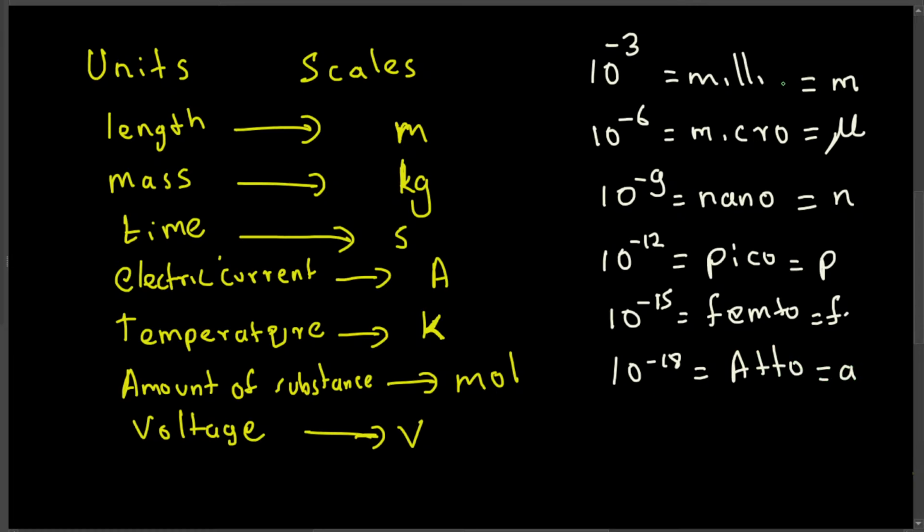So you can see all of these are represented by small letters, except mu, which is the only one with a different symbol. Okay, and this is for the negative powers.